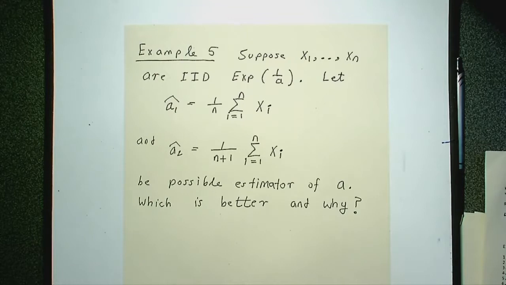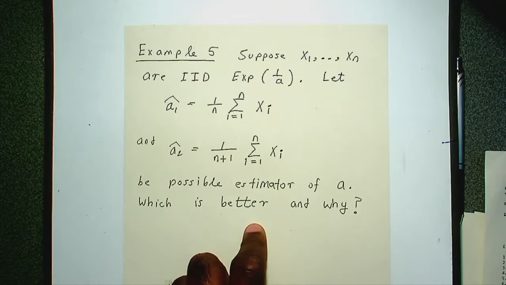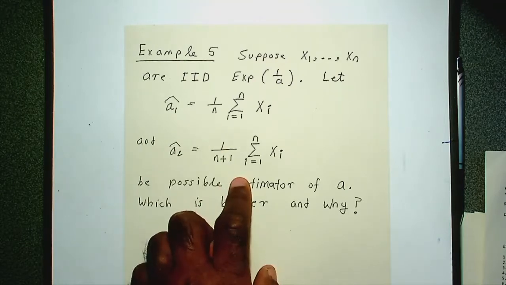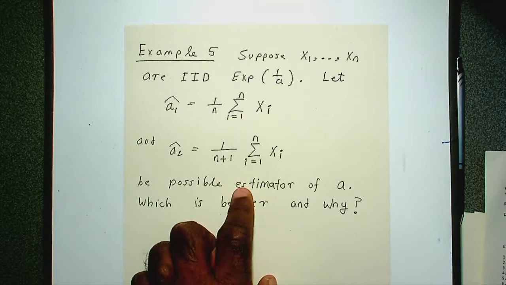The one that is better is the one that has smaller bias in absolute value, and also smaller MSE, right? So to answer this question, we need to find the bias and MSE of both estimators. Okay? You follow me? Yeah.